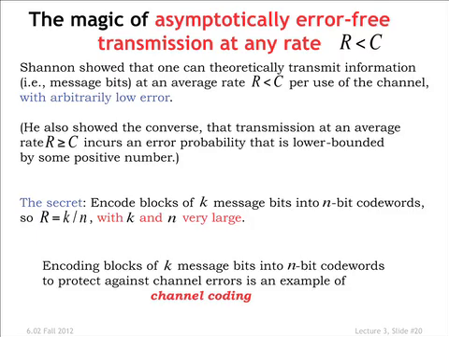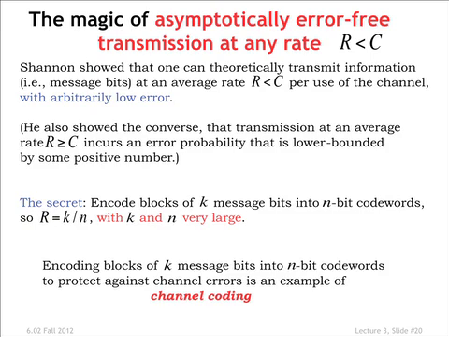Okay, so that's the shocking thing, that as long as you stay below channel capacity, you can transmit with arbitrarily low error. If you try to get to rates above that, you're going to run into trouble. Okay, you can't get that probability of error to vanish.